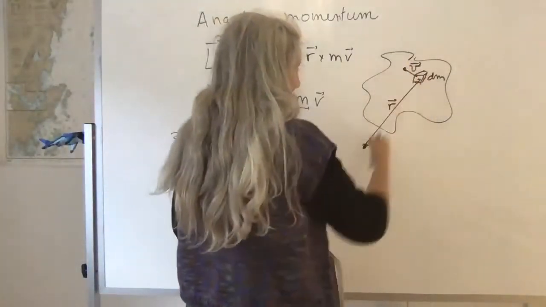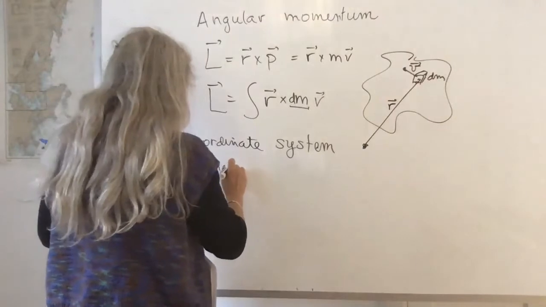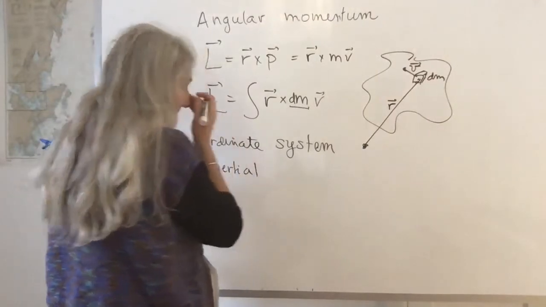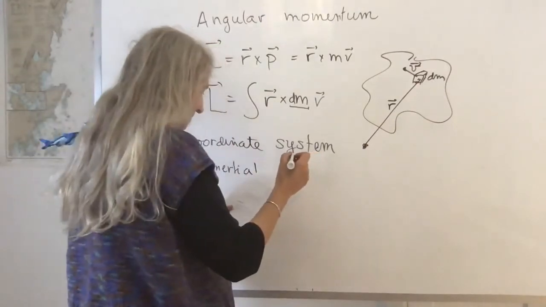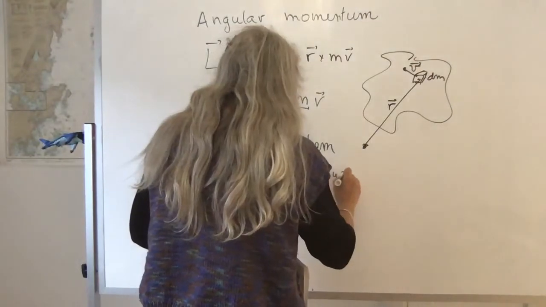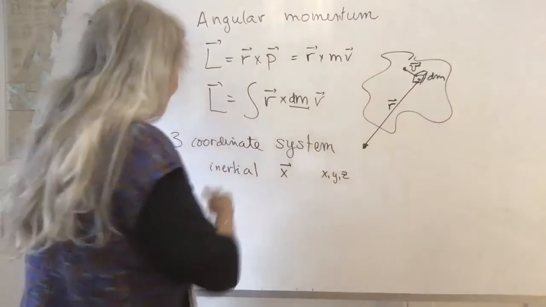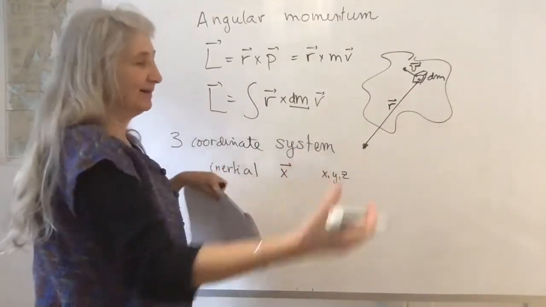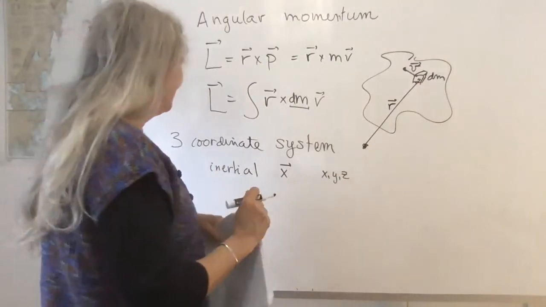So we have the inertial one, and let's call that one X, Y, and Z. Inertial would be a background, not moving, not spinning coordinate system.